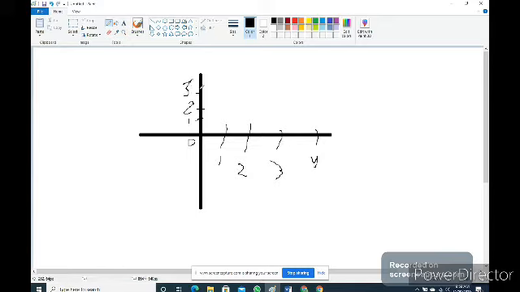So now we have (1, 1) and (3, 0). Let's plot this point here, 1 and 1. This is correct, and now here we have 0. So let's plot this as (3, 0). Now we can directly mark it here: (3, 0) and (1, 1).